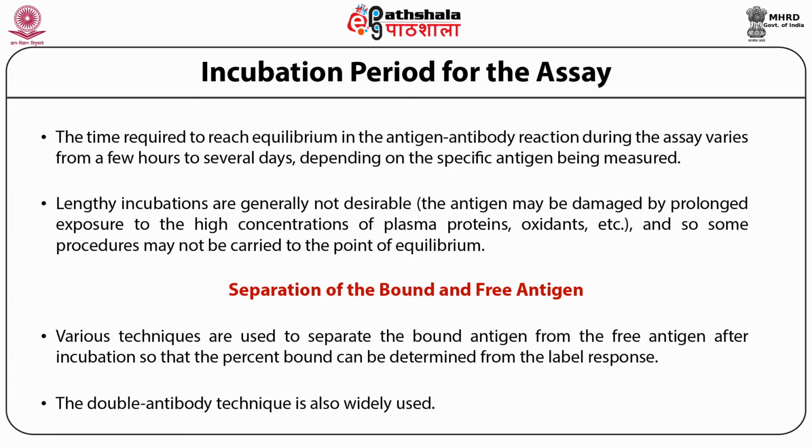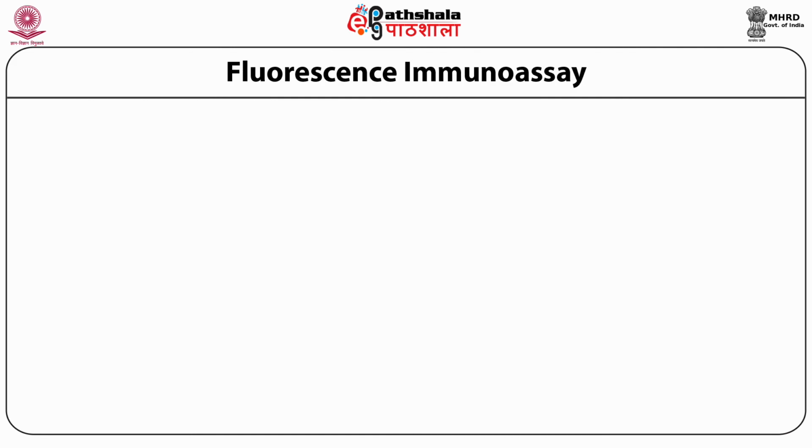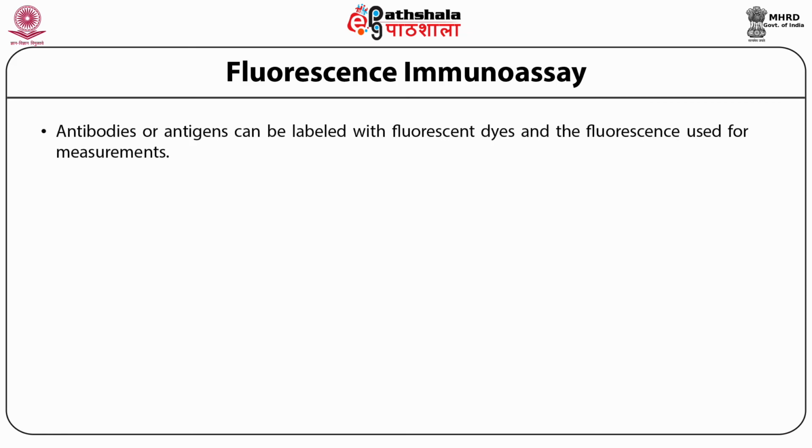The other separation techniques used include electrophoresis and bonding of the antigen or antibody to a solid phase for use as reagent. The next method that we are discussing here is the fluorescence immunoassay. Antibodies or antigens can be labeled with fluorescent dyes and the fluorescence used for measurement.